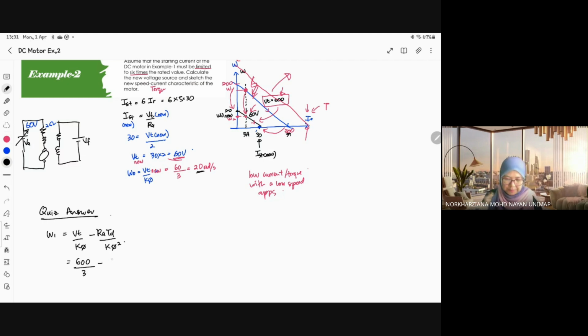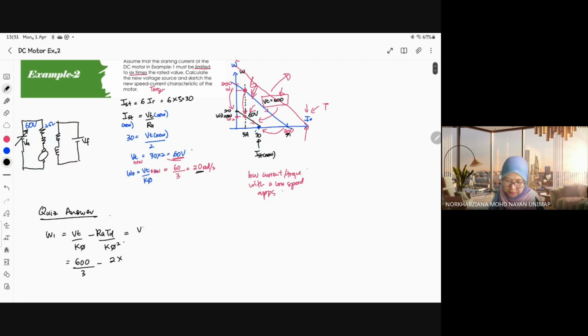Minus Ra 2 times Ia. The Ia is not given but it gives you the current, so you need to use this one, Vt over Kv minus Ra Ia over Kv.